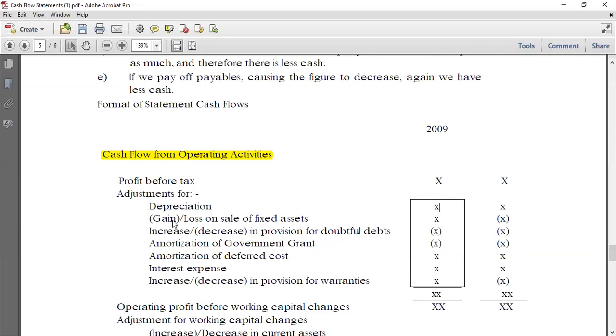Now, we also have this so-called gain or loss on sale of assets. Now, we know very well that a gain or loss on sale of fixed assets is the same thing as gain or loss on disposal.